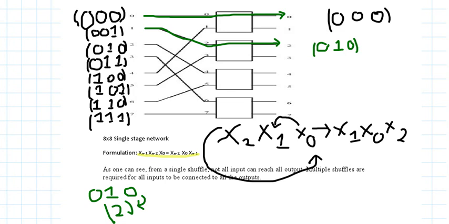Now come to the third processor, which has 2 as its address in decimal format, and the equivalent binary representation for the address is 0, 1, 0. If you perform the same left shifting operation for this address, you will get 1, 0, 0 after left shifting.